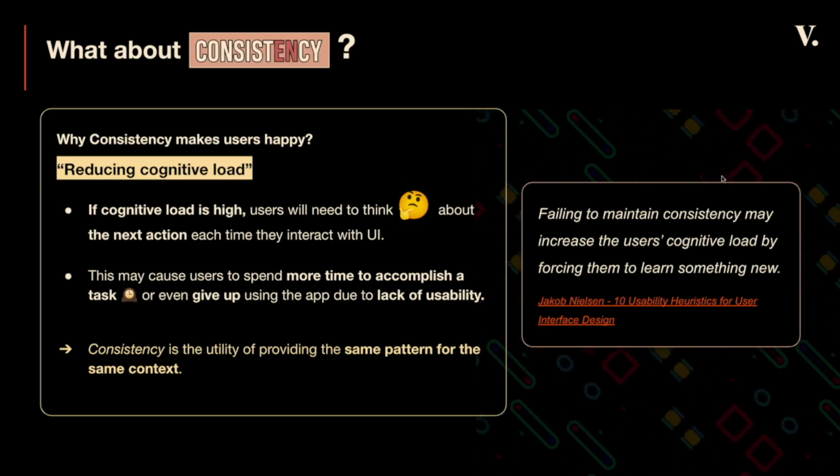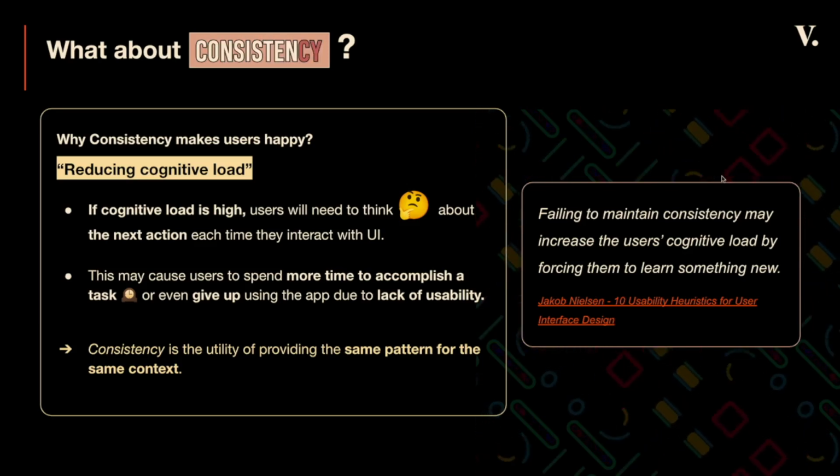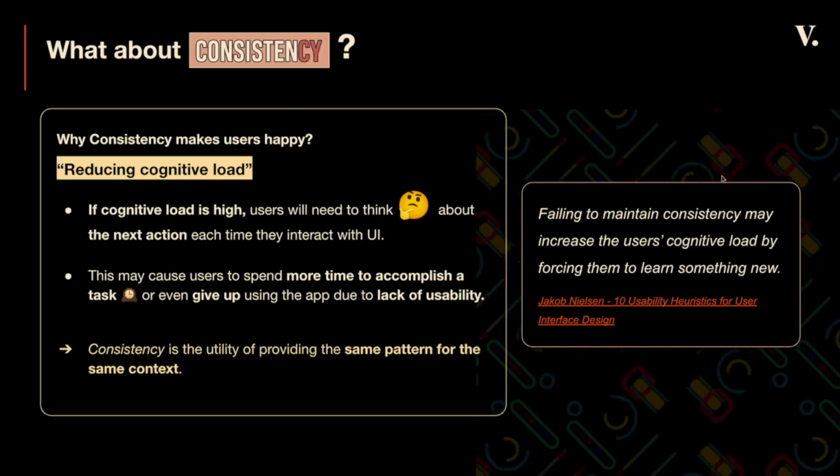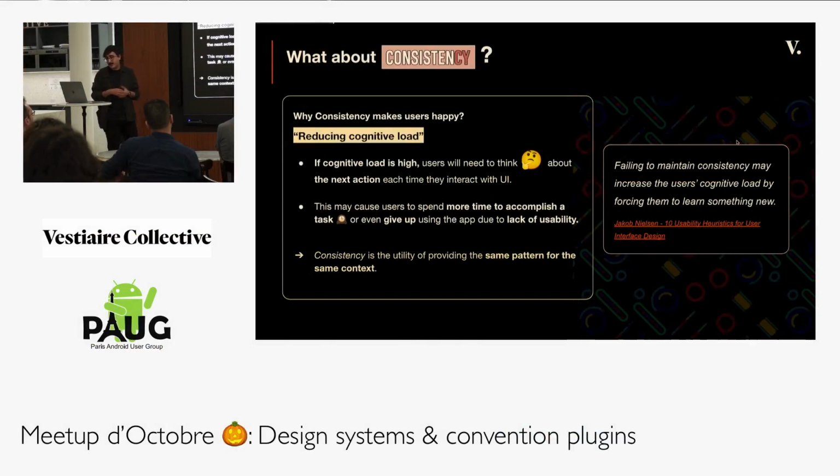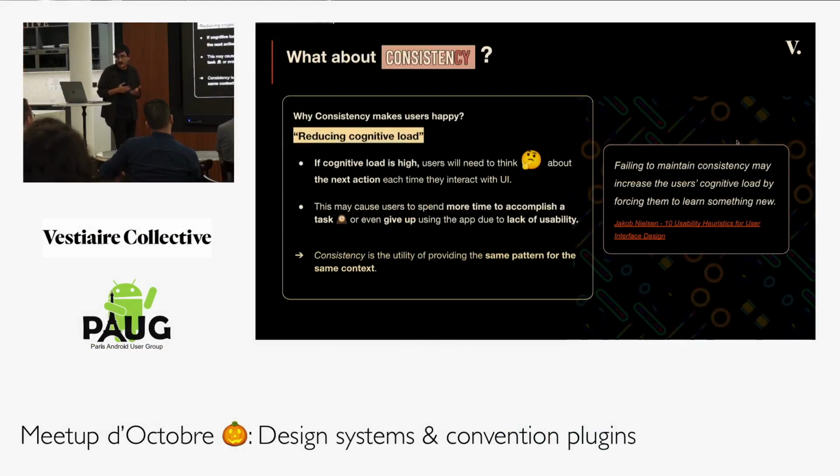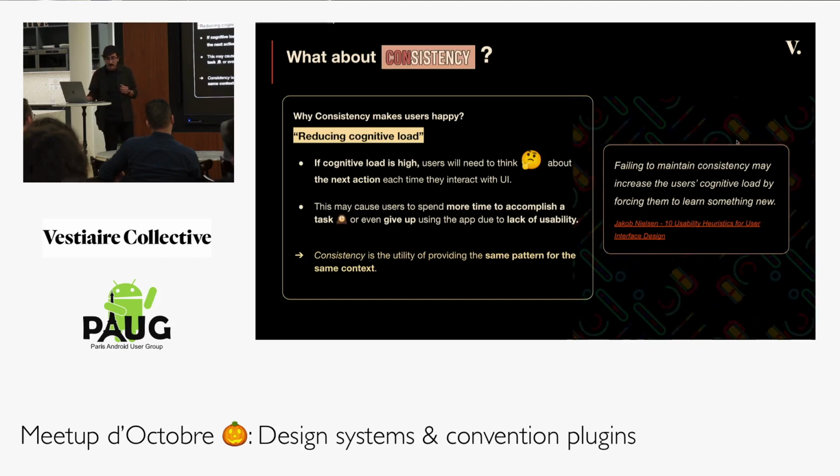Changing this pattern to make it close from the bottom, for example, makes the user have to think about the action to take, which may prevent them from doing some actions. So that's why the design system is very beneficial to create patterns that will be reused through the app. That's why consistency is good.